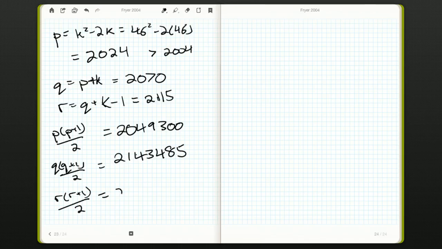Get 2237670. What's the difference between the rth and the qth? 2143485. So that should be a difference of 94,185. And if we add that to the one for P, we get exactly the value for Q.